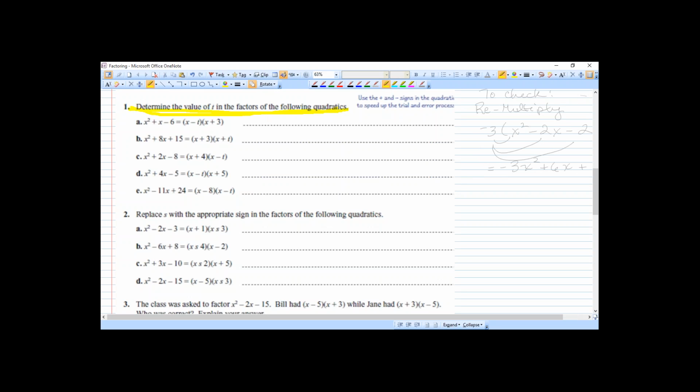I'm not going to do all of these. We're not going to have time to do them all, but I'm going to pick a few that look interesting for us. What they're doing here is getting you to work with the different steps of, let's say, FOIL. If you hear me say first, outer, inner, and last, I'm referring to the steps of FOIL.